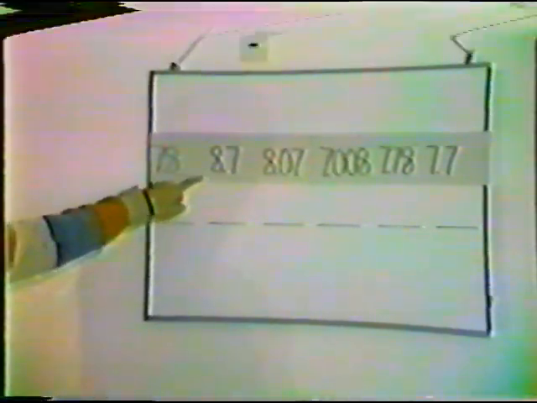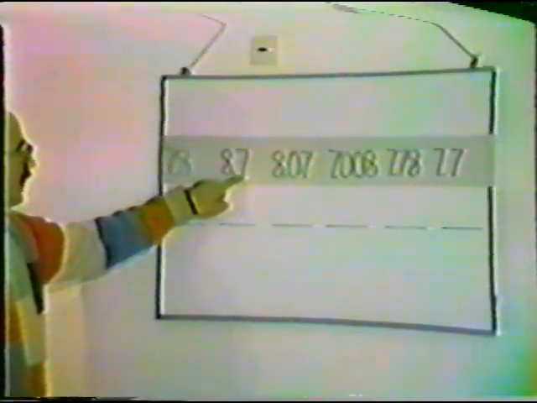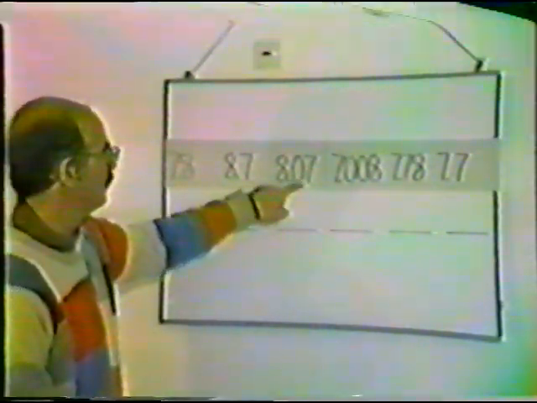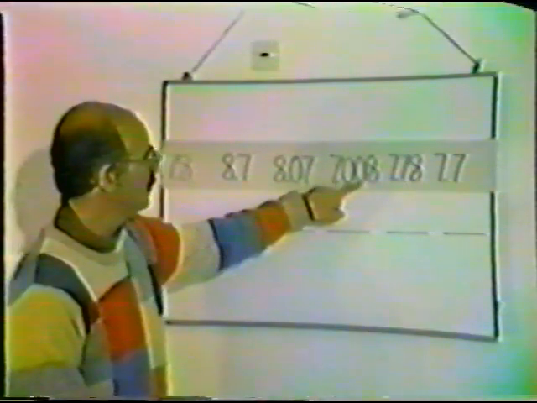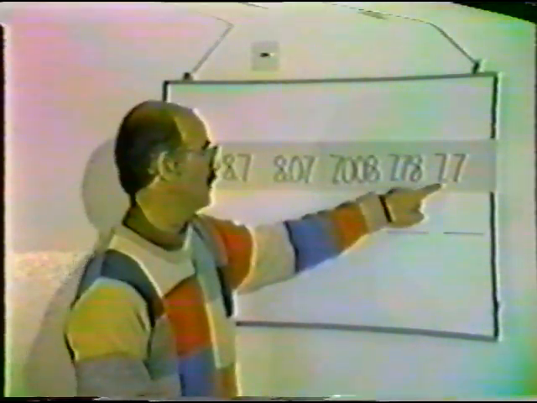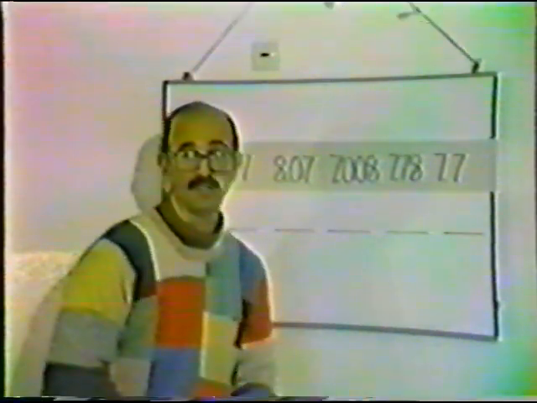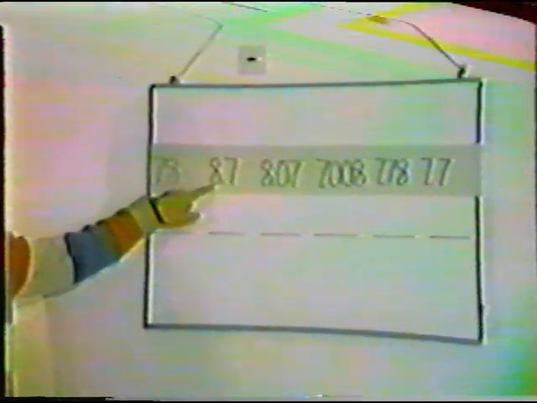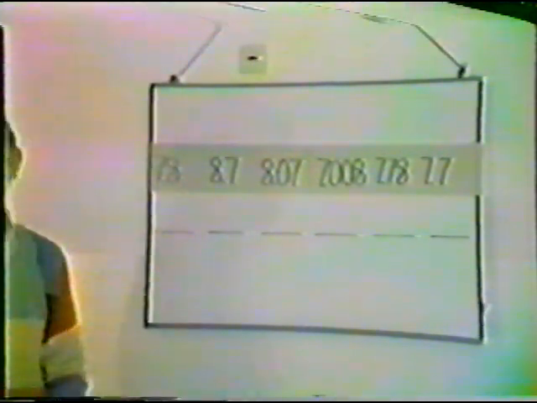This one is 7 and something, 8 and something, 8 and something, 7 and something, 7 and something, another 7 and something. So the larger ones are the ones that have an 8 in the front, 8 and something.